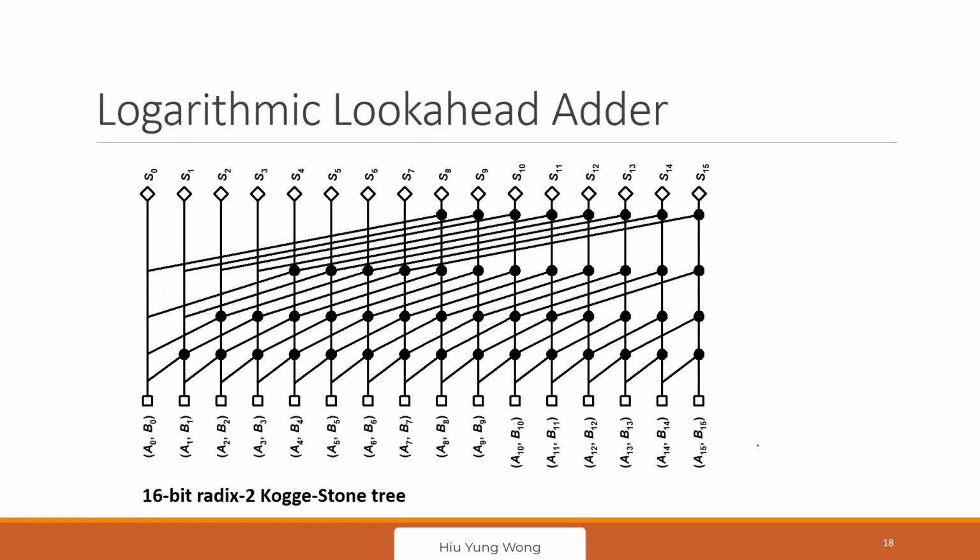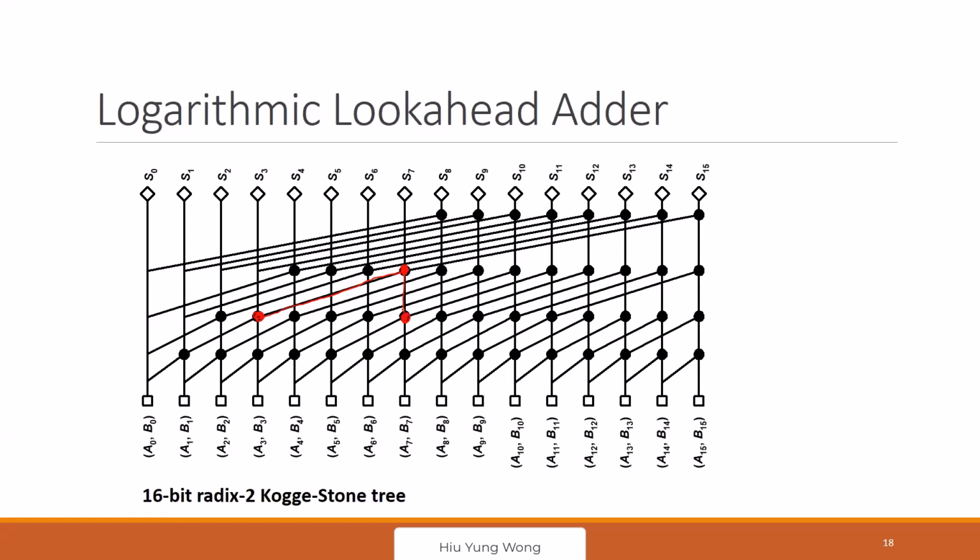Okay. For example, we can take this term, this one, right? How do we calculate this one? We take this one by taking the output of this one and this one.